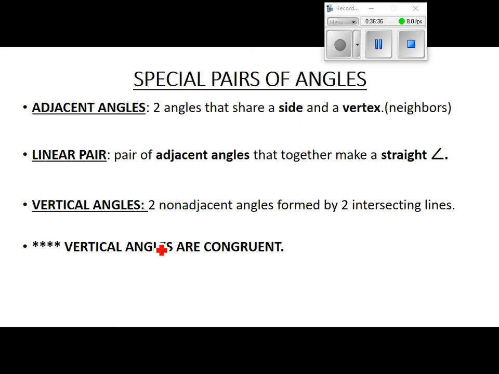An X. So I have one line, and what else am I going to draw? Another line, intersecting. How many angles do I have there? Four. Watch, I'm going to number them: 1, 2, 3, 4. Again, this might be a good thing to have on your paper.